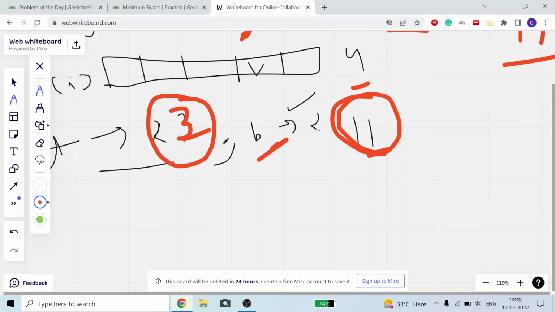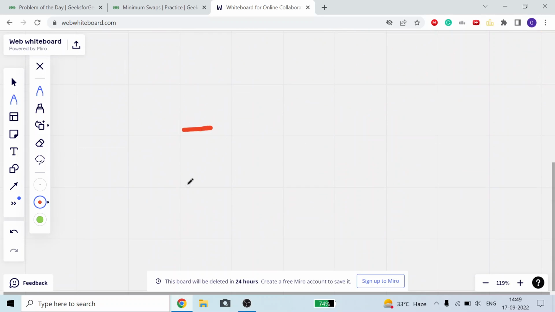Now here is one more condition: there is ship x and there is ship y. Suppose ship x is running with speed 10 and ship y is running with speed 1, this is a very weird problem.